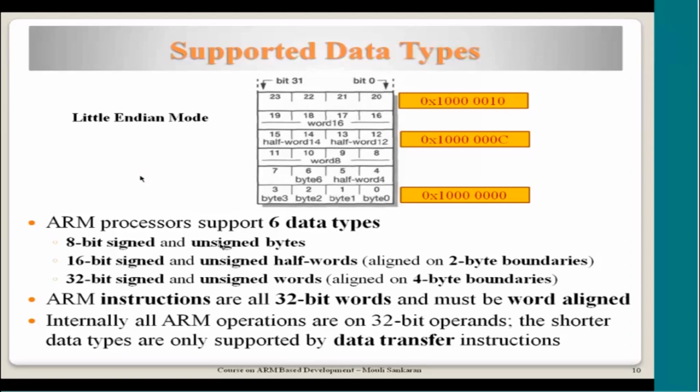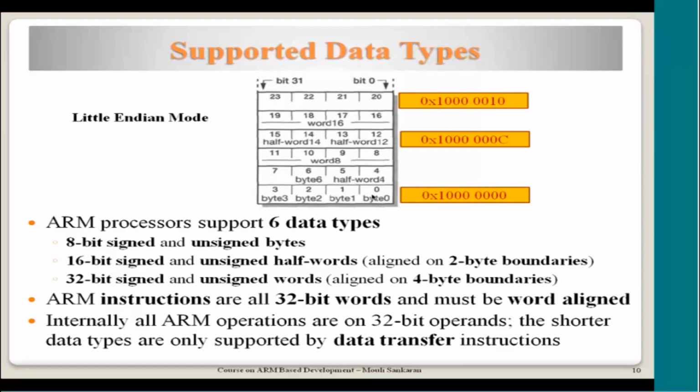What happens if an unsigned byte is read? It will be extended by zeros, so the byte value will remain the same. So how does the processor know whether it is reading a signed value or unsigned value from the memory? Processor does not know. Only the programmer who has stored the values in the memory knows whether he or she is storing a signed or unsigned value.